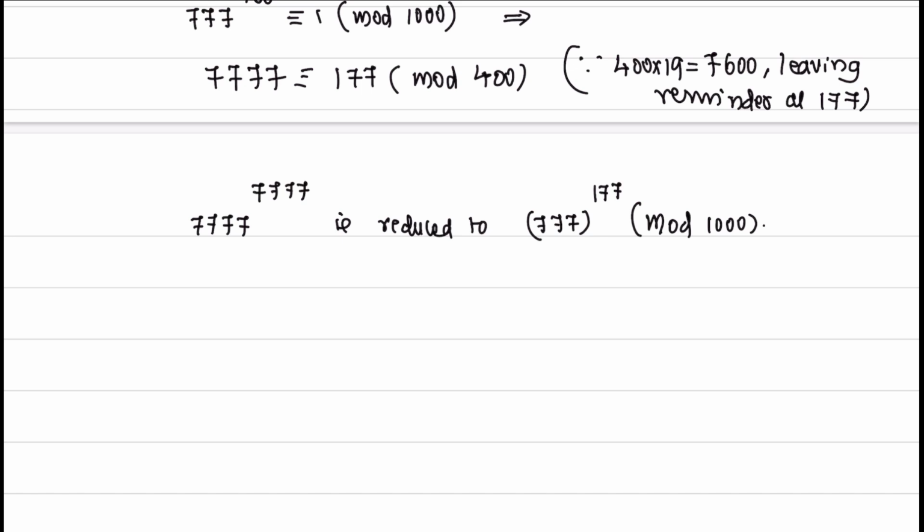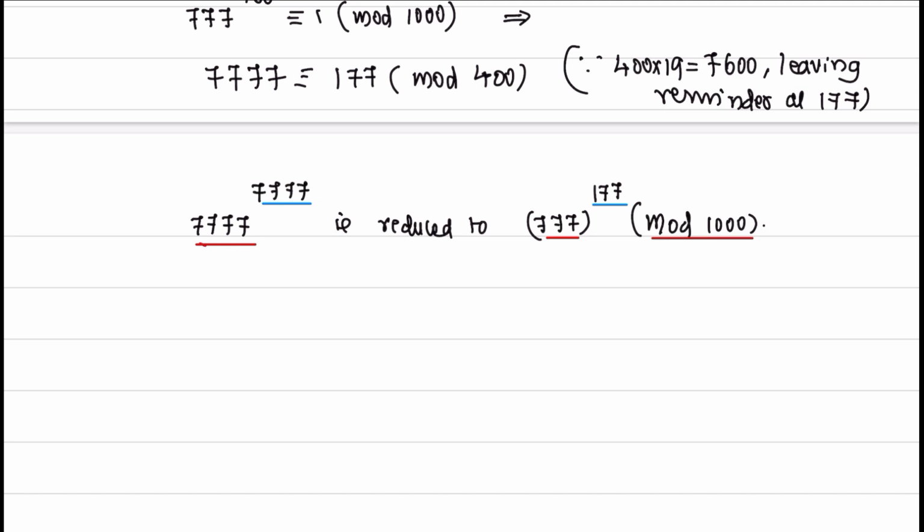Here 7777 is written as 777 mod 1000, and this 7777 power is written as 177. That means by finding 777 to the power of 177 mod 1000, we are going to get the answer.